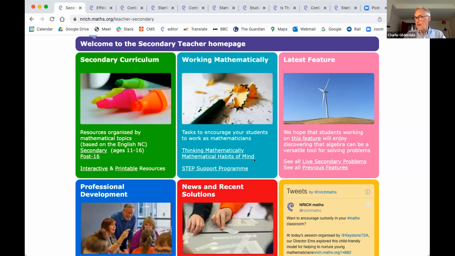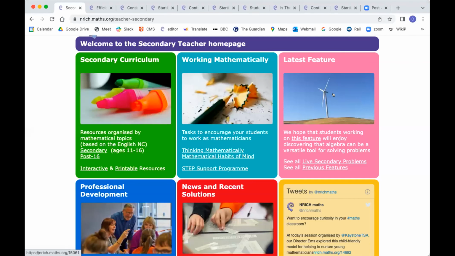It has things like thinking strategically, working systematically, exploring, conjecturing, generalizing, visualizing, but also the habits of mind: curiosity, being resilient, being resourceful. So we've got tasks there that are tagged under those headings. But the reason for doing the webinar is that every half term we'll be publishing a new feature, and this is what we're going to focus on today.